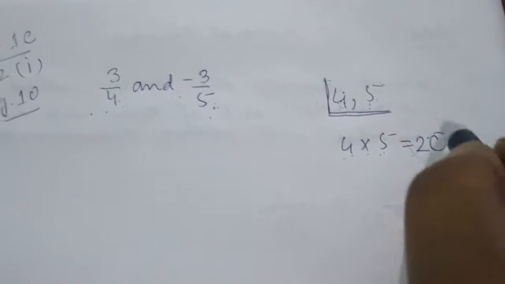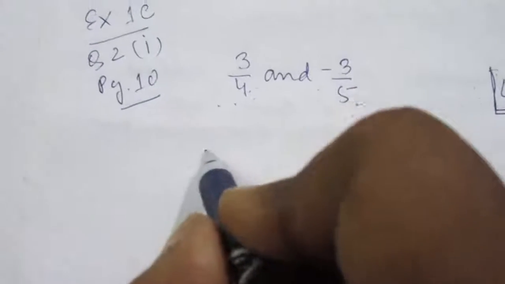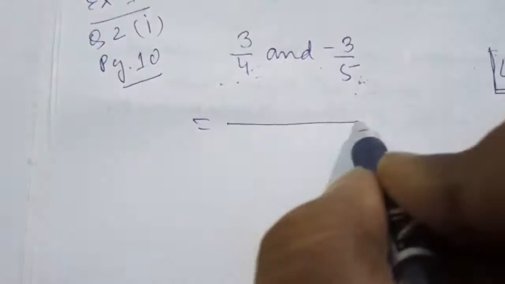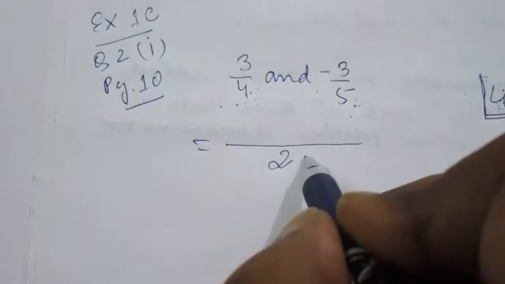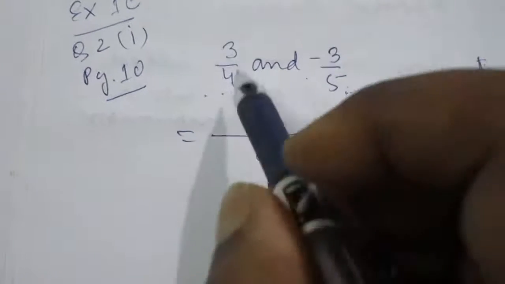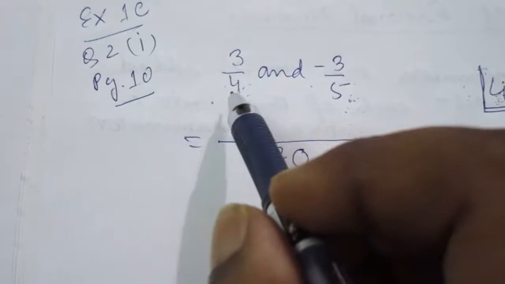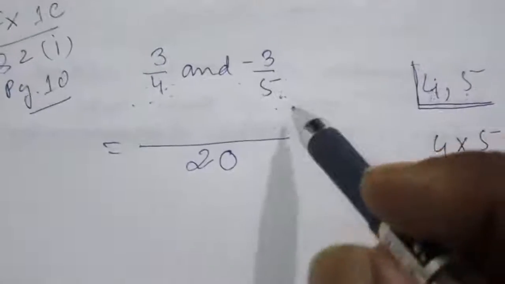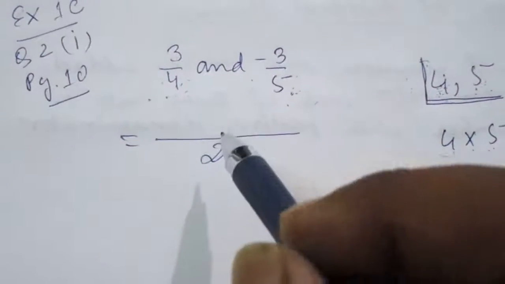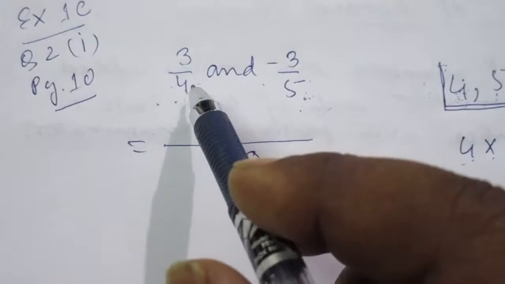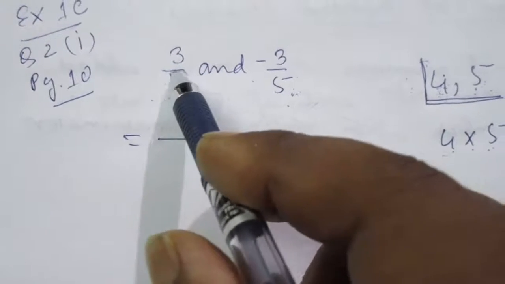Now we write this LCM 20 as the common denominator of both the rational numbers. From now onwards it will be the same as the last problem.